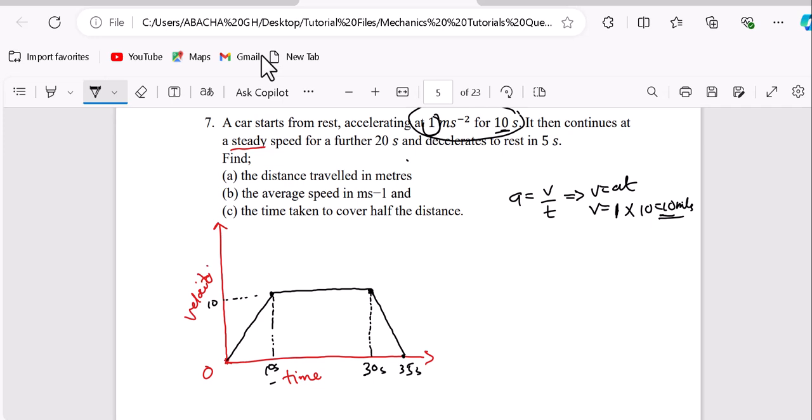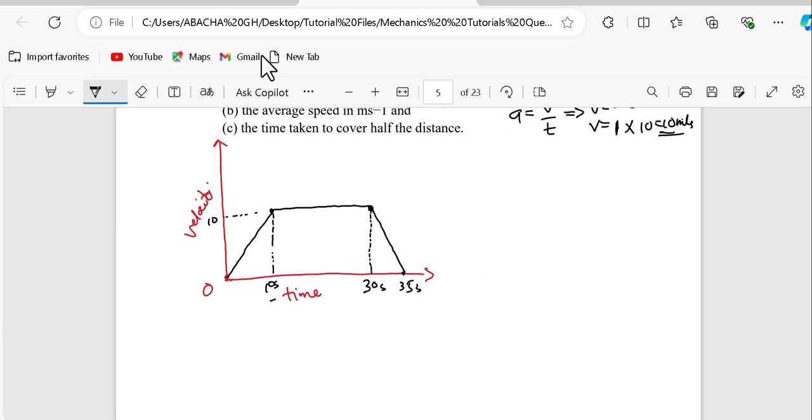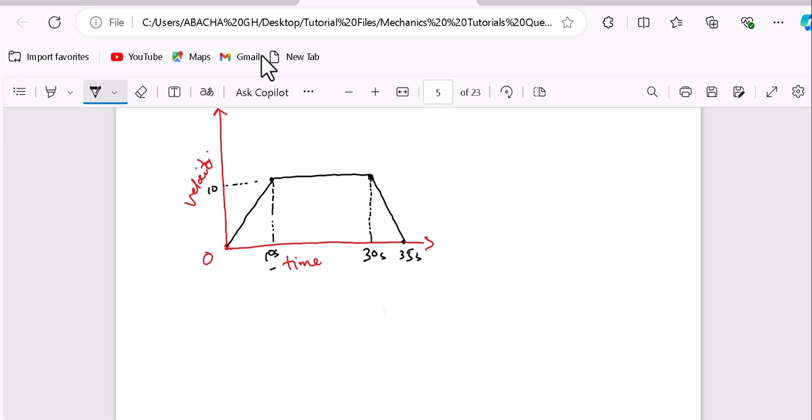So now they are saying that we should calculate the distance traveled in meters. From this graph, calculating the distance traveled is the same as finding the area of this graph.